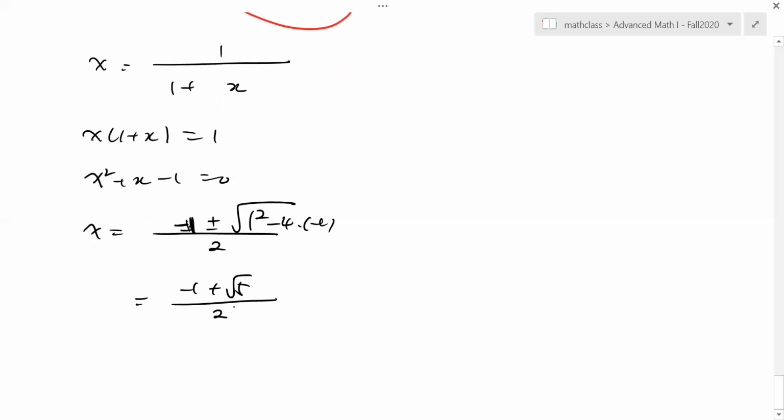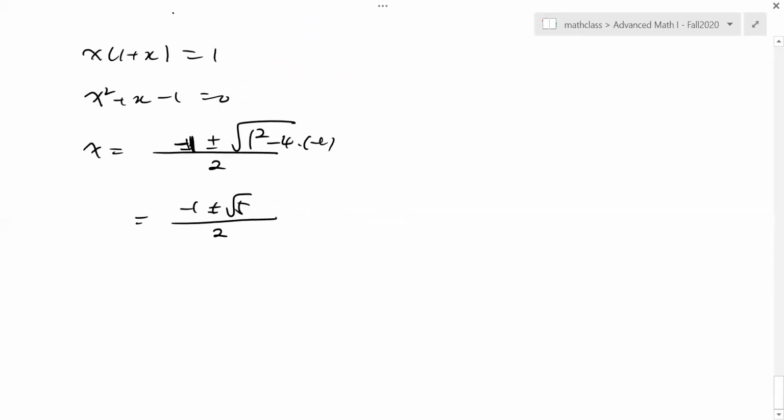Right? It's a plus minus. It's the quadratic formula you studied, right? And since x is positive, so x must be this one. This is a positive one.